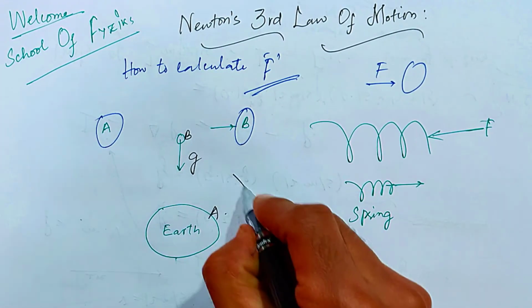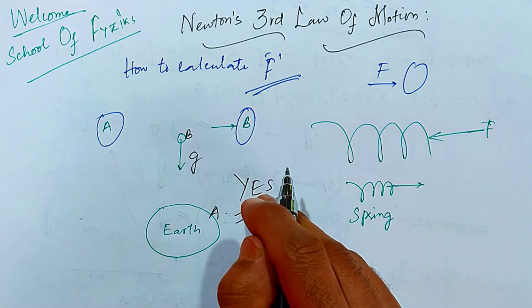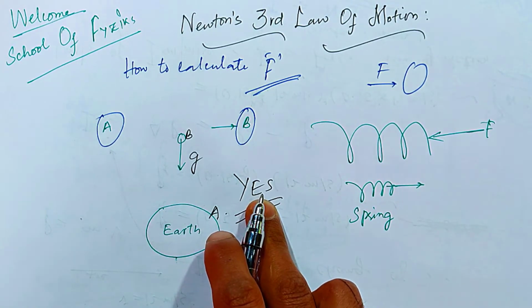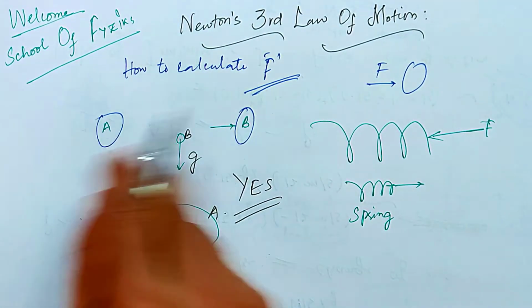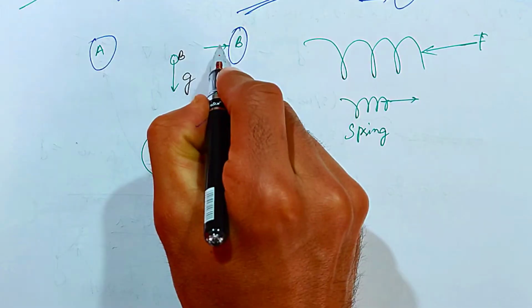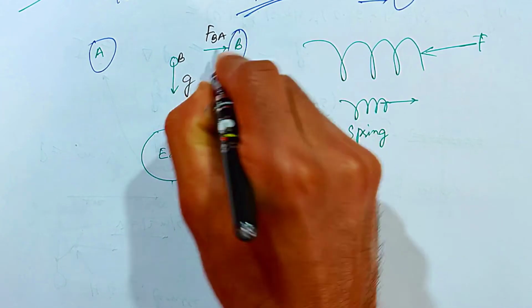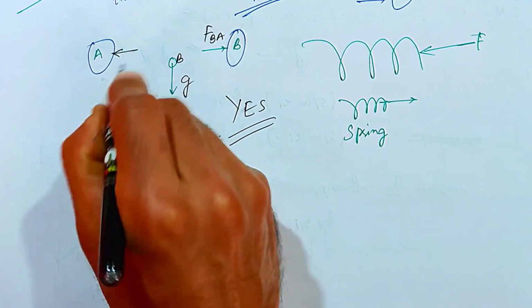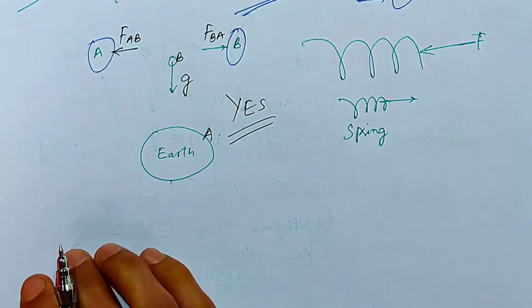The answer is yes, and this yes was said by Newton himself. He said that even though these two bodies are at a distance, if A is applying a force on B, like FBA, the force on B due to body A, then the same force will be applied on body A by body B, that's FAB.